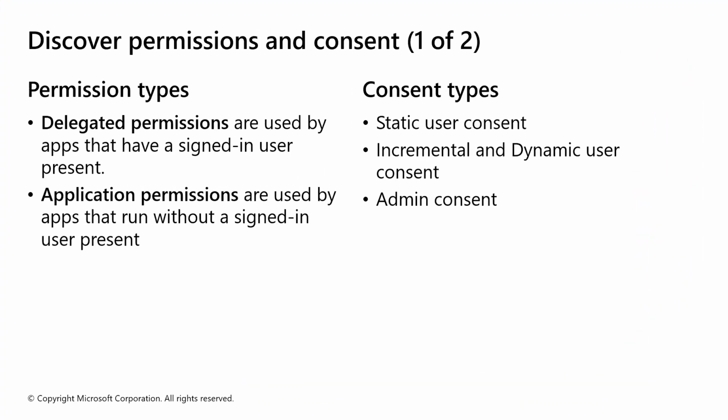Consent is the basis for applications in Microsoft Identity Platform to access required resources or APIs. You will also need to know how your users get access to your app or API if you're setting permissions. There are three different consent types: static user consent, incremental and dynamic user consent, and admin consent.